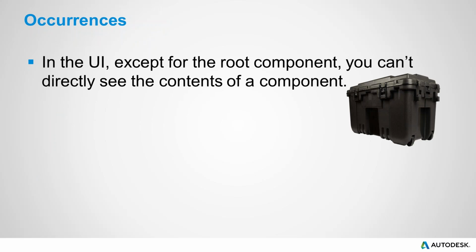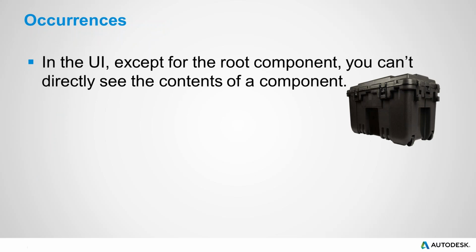So this is something that's a little bit confusing in Fusion, and the UI kind of makes it confusing. So I mentioned before that components are always aligned with the model coordinate system and cannot be moved. And that's true.